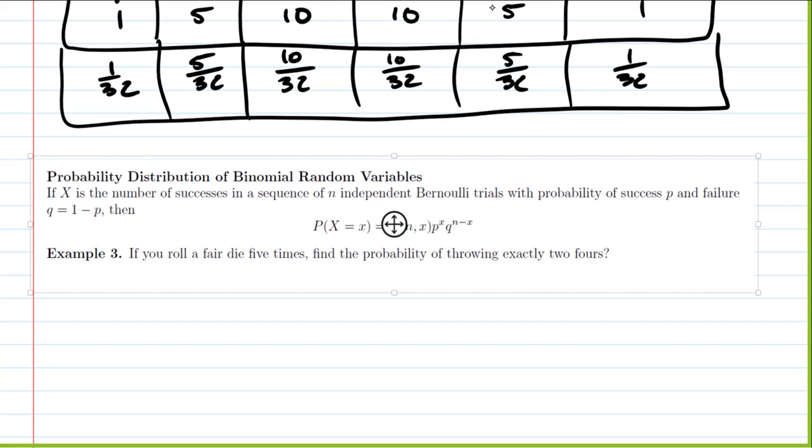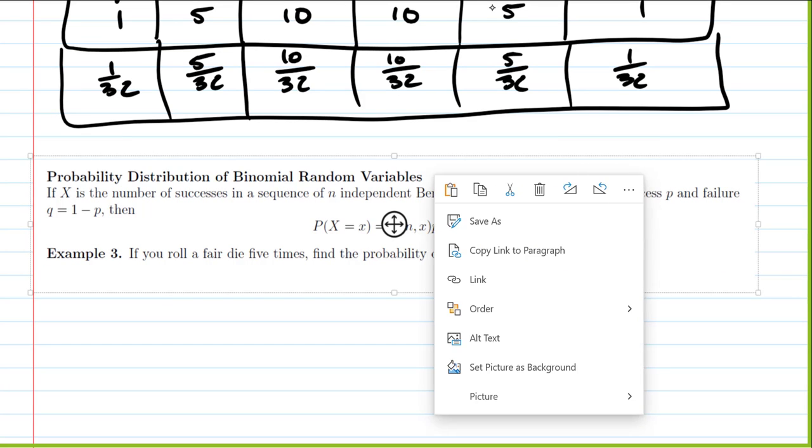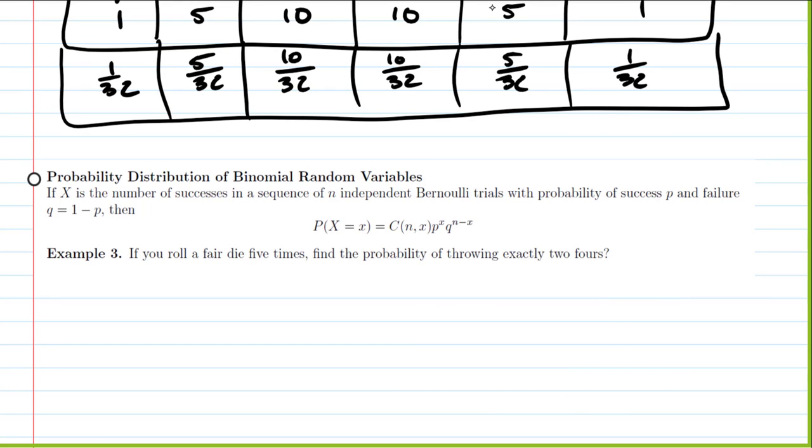So if X is the number of successes in a sequence of n independent Bernoulli trials with the probability of success p and the probability of failure q, which is 1 minus p, then the probability that X is equal to x is equal to n choose x, p to the x times q to the n minus x.